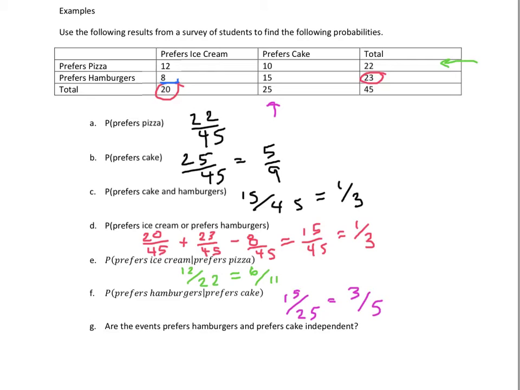Are the events prefers hamburgers and prefers cake independent? To tell if events are independent, that would mean that the probability of A will equal the probability of A given B. We'll say event A is hamburgers and event B is cake. The probability for hamburgers would be 23 over 45.